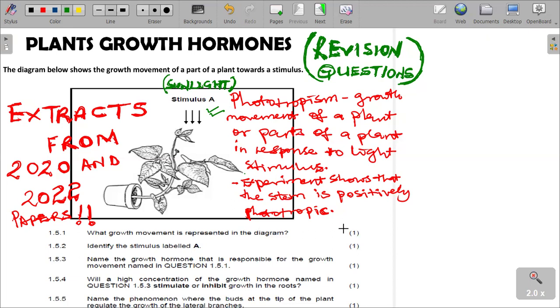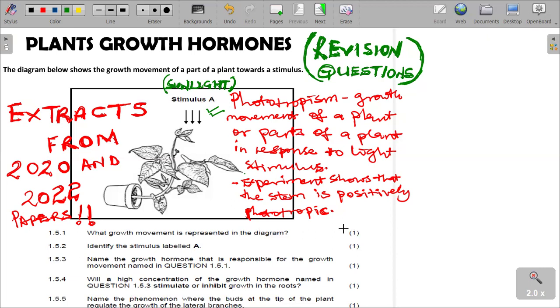So we have a diagram that shows plant movement, the growth movement of a part of a plant towards a stimulus. Any movement of a plant towards a stimulus, we call a tropism. Remember, the tropism here is phototropism and geotropism.